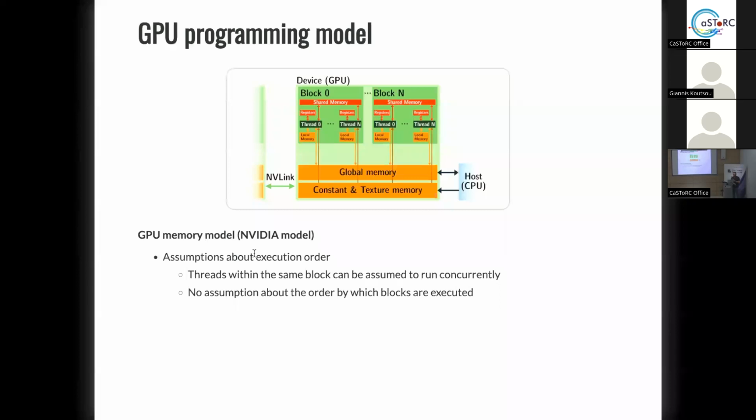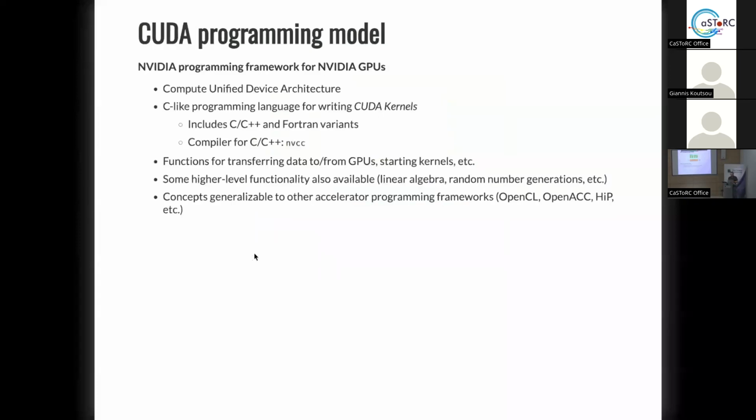That's why this grouping is significant. You have the threads inside the block, which you can synchronize and manage in their order of execution. But between blocks, you have no control about when one block runs and when another block runs. So you make no assumption about the order by which blocks are executed.